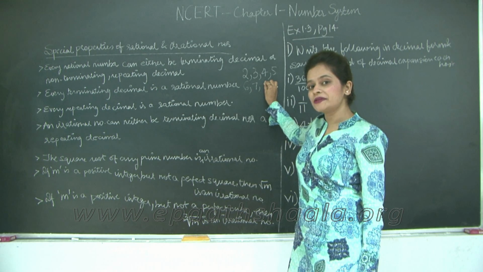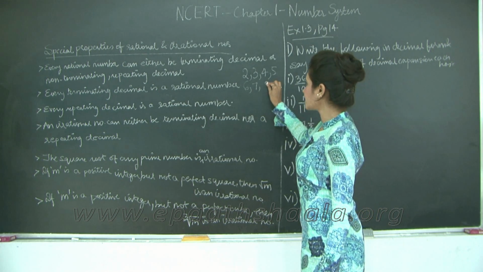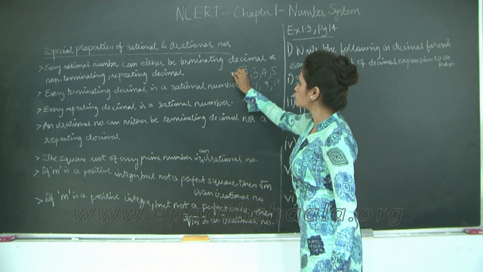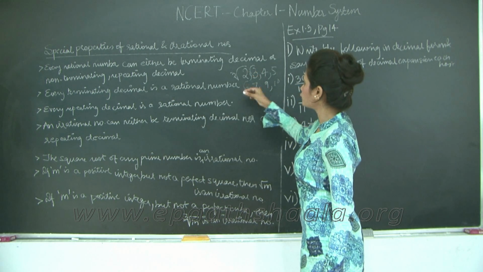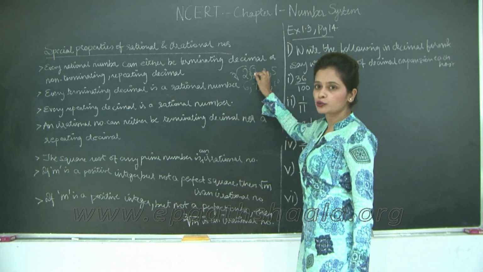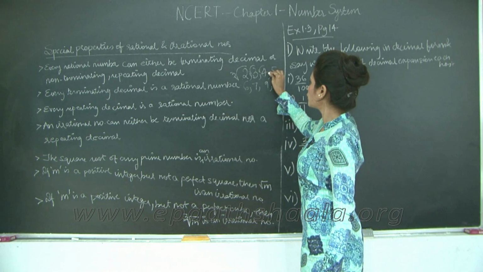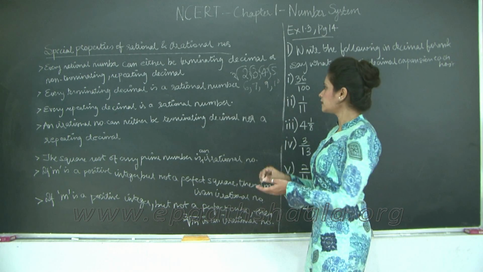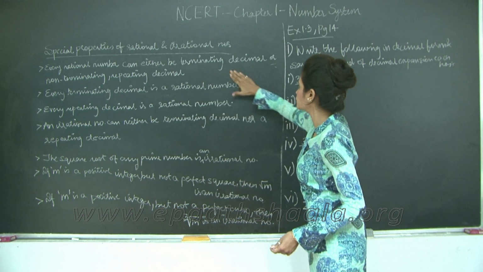Why? Because 2 cube is 8, so not 8. Then 9 and 10 are not perfect cubes. So when you take the cube roots of 2, 3, 4, 5, 6, 7, 9, 10, these are all going to be irrational numbers.